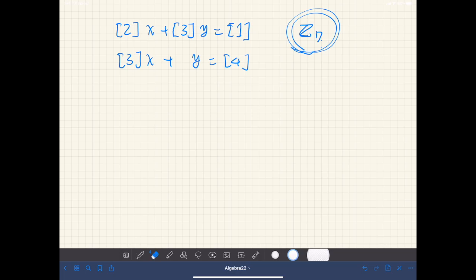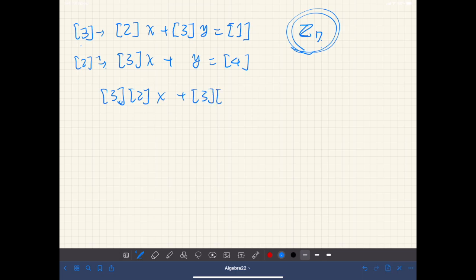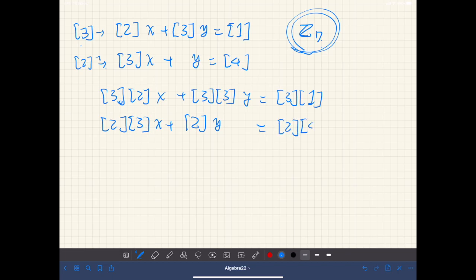And let's multiply the first one by 3, so both sides are multiplied by this, and both sides of the second one are multiplied by 2.